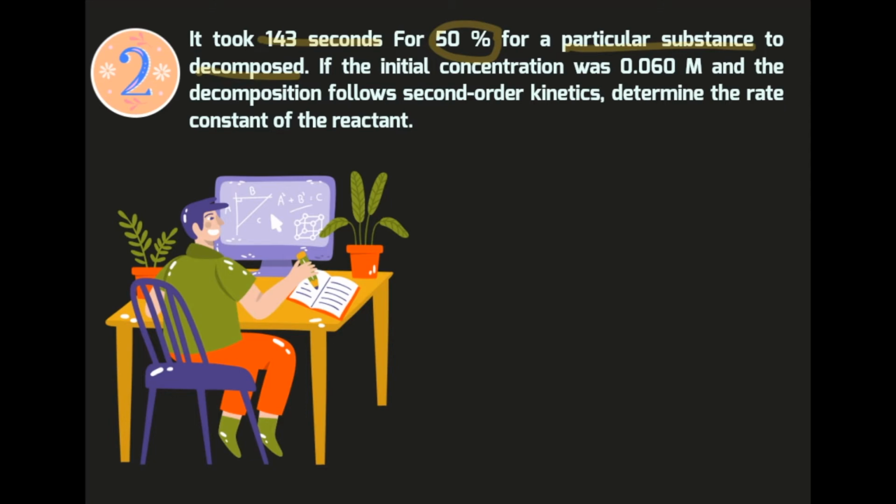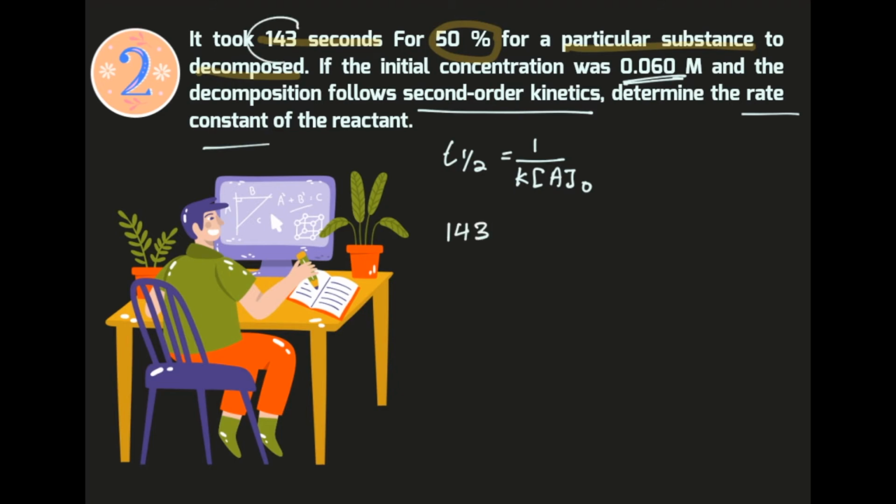So the half-life for a second order reaction is equivalent to 1 over K times the initial concentration. So given to you is the initial concentration and you were asked to find the rate constant, which is the value of K. So the value of the half-life is 143 seconds given in the question. So 143 is equivalent to 1 over K times the initial concentration given to you in the question, which is 0.060.